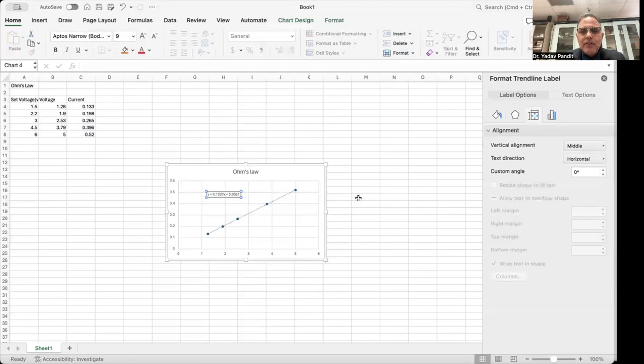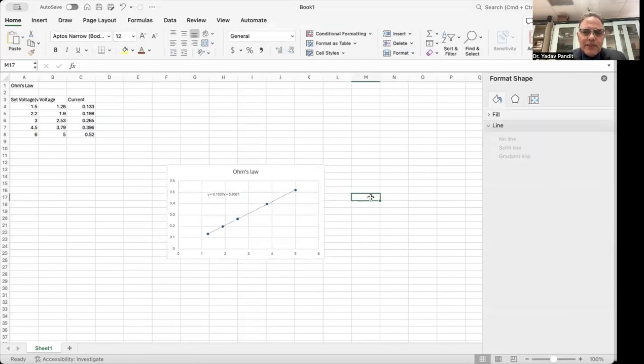So in order to calculate the resistance, it is obviously the slope, which is 0.01037, and you have to find the inverse of the slope. That would be actually the inverse slope would be the resistance here.